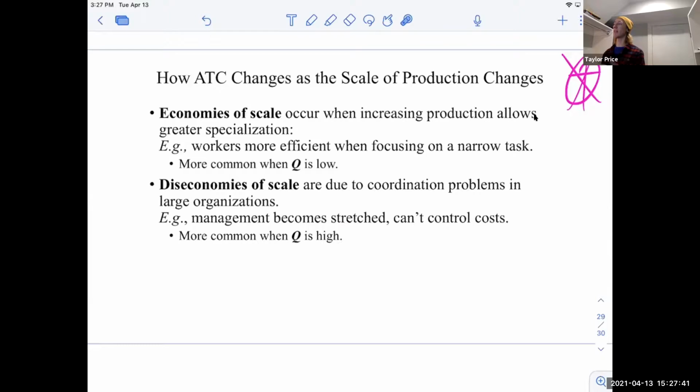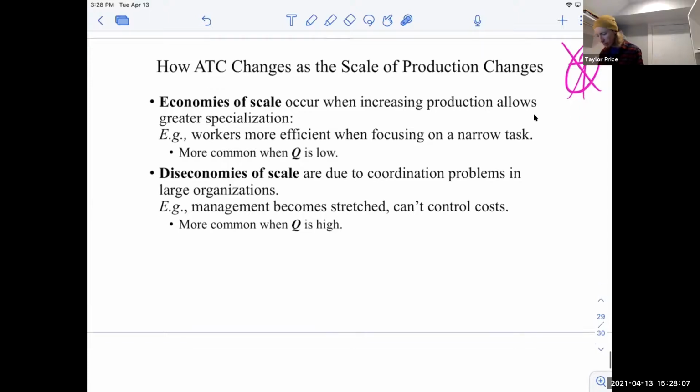Because of that, they can't really control costs. So basically, the average costs are going to start increasing exponentially. And that's usually common when quantity is high, just because the company is so large, it's really hard for it to have a good understanding of what it's working on.